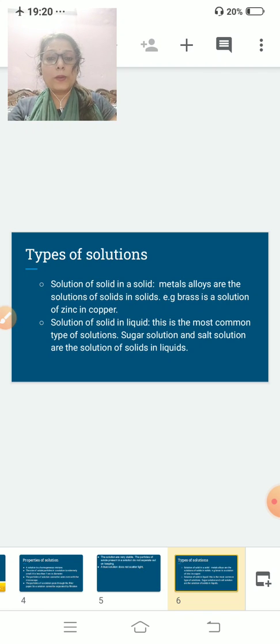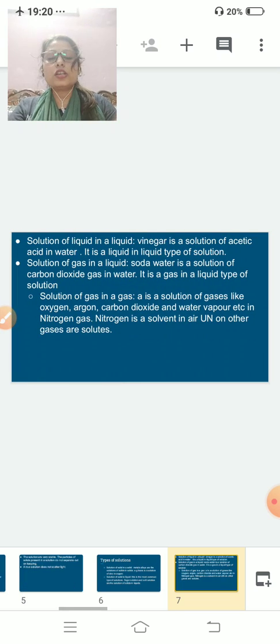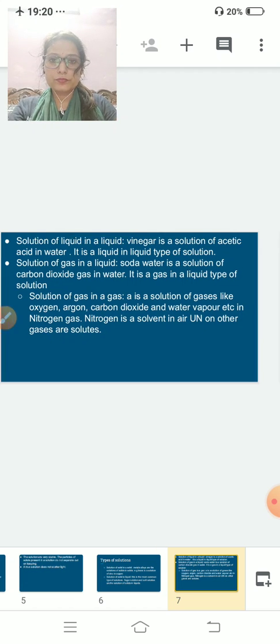Solid in liquid, salt solution, sugar solution. Liquid in liquid, vinegar. Gas in liquid, carbon dioxide gas in water. Gas in gas, argon, carbon dioxide, water vapor.